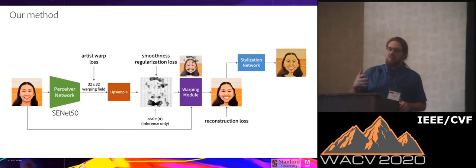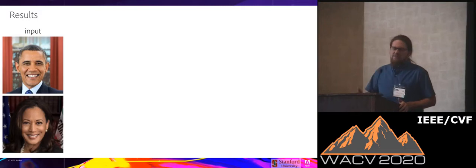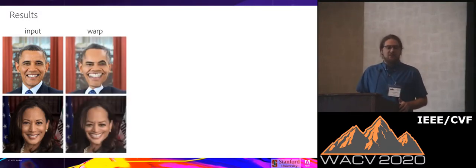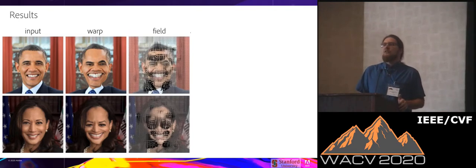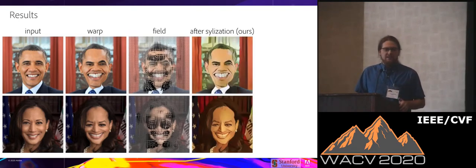And after all of this, we can apply a stylization network, for example, in this case, CartoonGAN, in order to get a cartoon. So from those inputs, our method generates those warps and from those warping fields, after stylization using CariGAN, we can get this result.